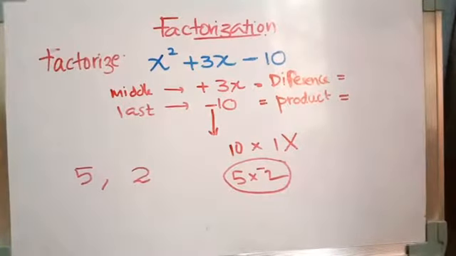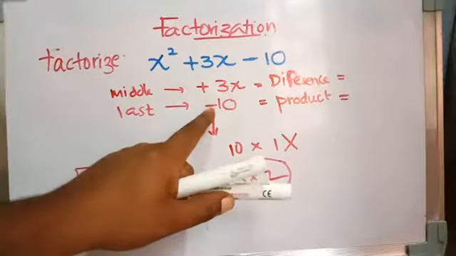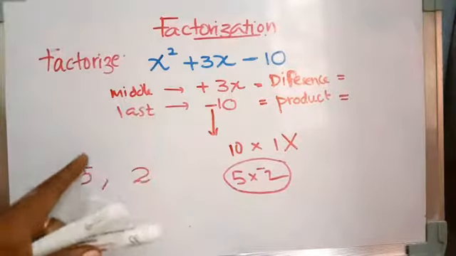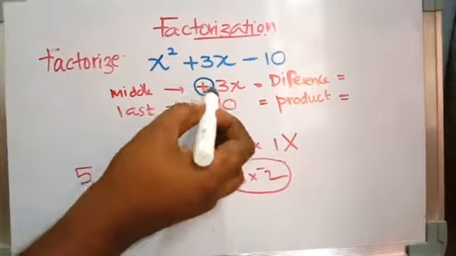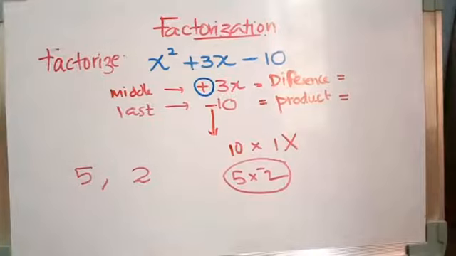Now the next question is, which is negative in this, 5 or 2? Because one should be negative. As the product is negative, any one should be negative here. For that, see the middle term. The middle term is plus. That means we want the middle term as positive.